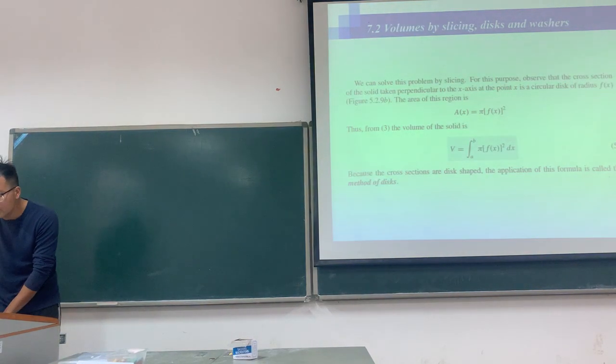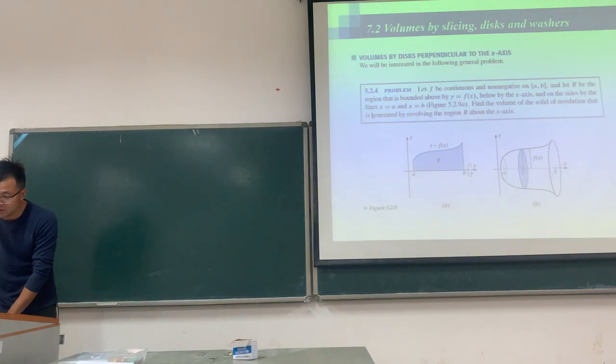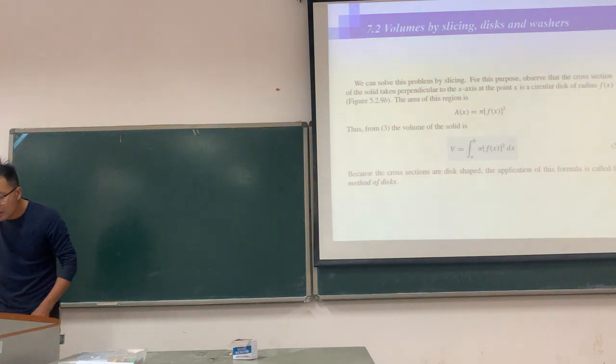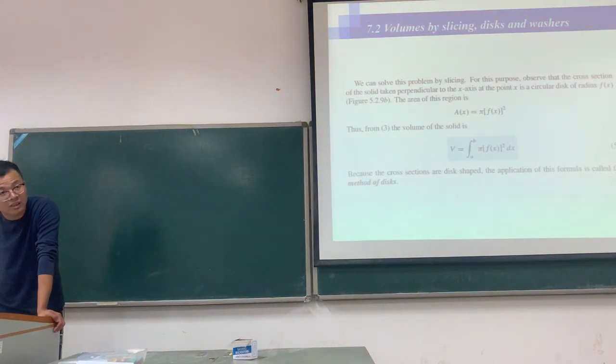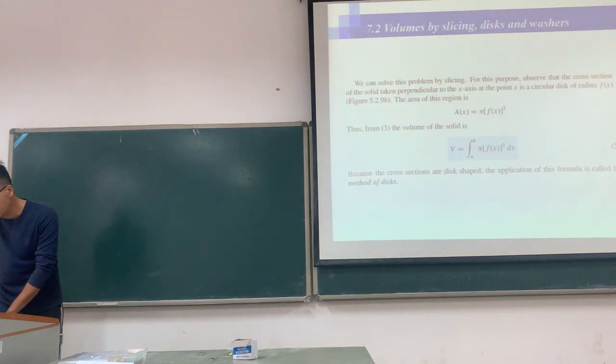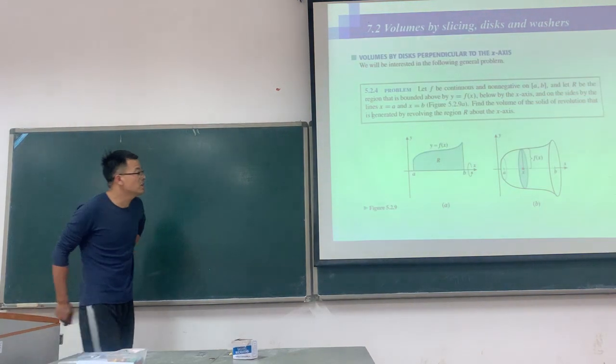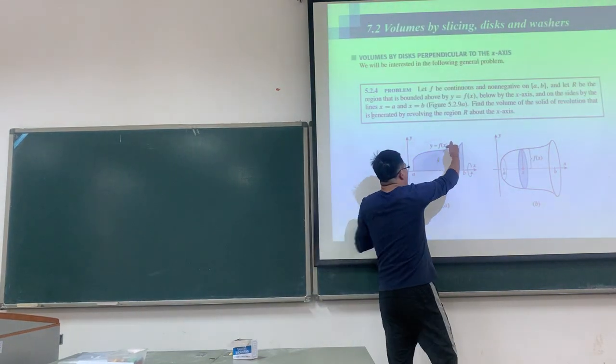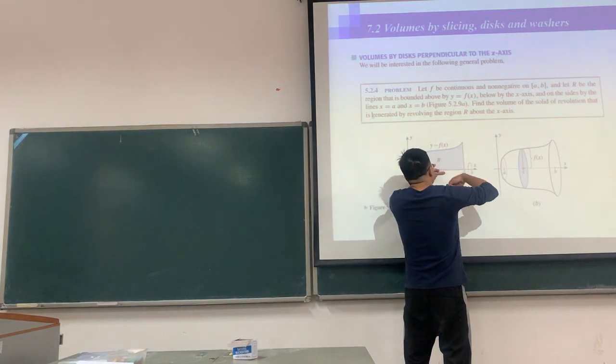So what is the formula? The formula is V equal to the definite integral of pi f(x) squared from a to b. Here y equal to f(x), and we revolve about the x-axis.